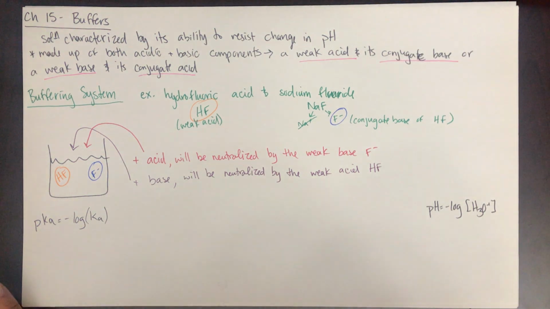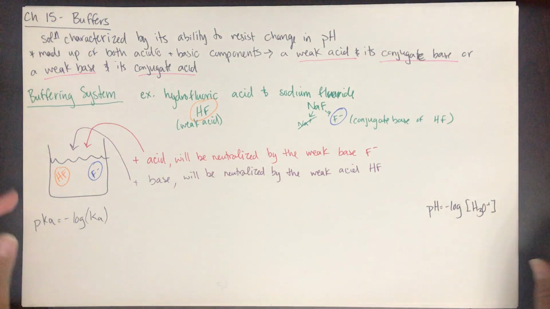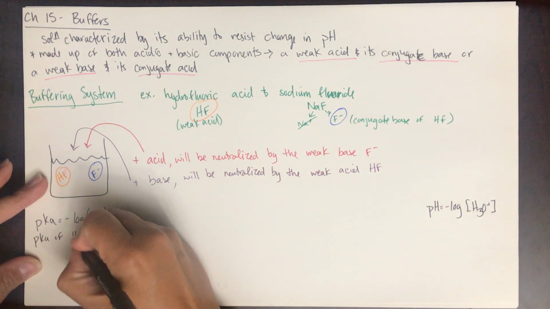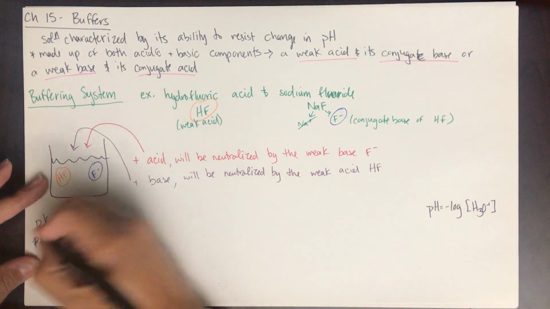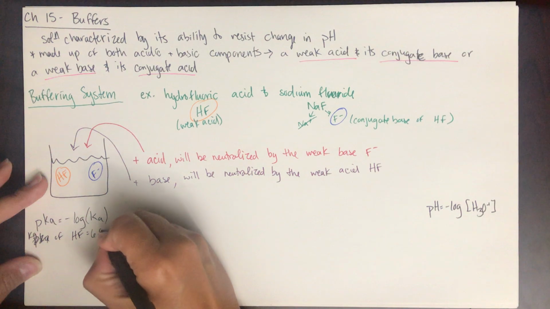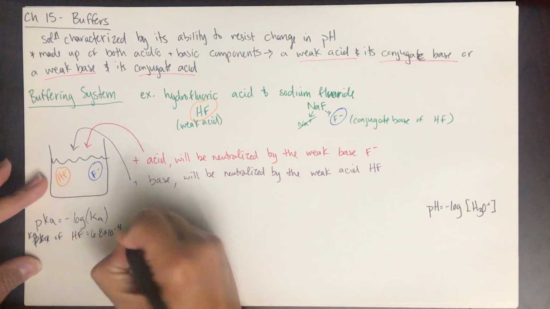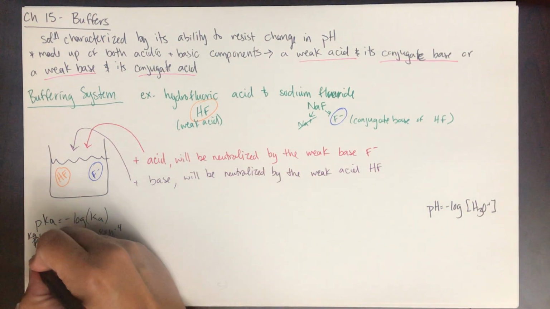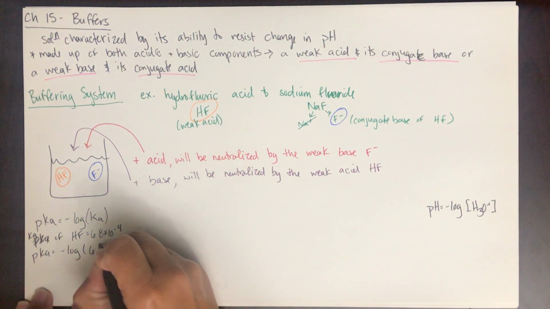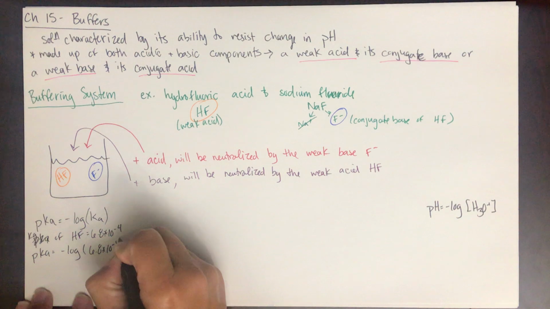We're going to do more examples of this later, but for right now, let's say the Ka of hydrofluoric acid is 6.8 times 10 to the negative fourth. So let's say what the pKa would be. The pKa would be the negative log of 6.8 times 10 to the negative fourth.